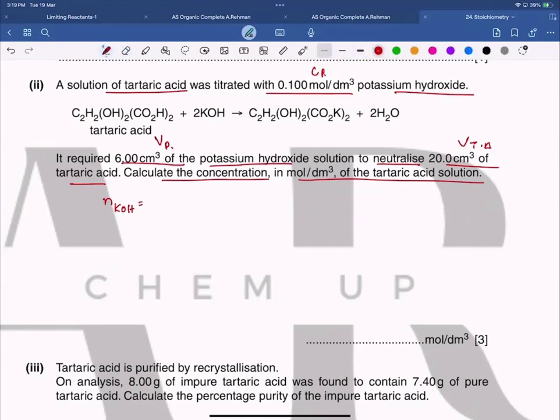So the concentration of potassium hydroxide is 0.100 and the volume is 6.00. Volume we have to convert into decimeter cube always, so I divide it by 1000. Can anyone tell me the answer? I think it is going to be 6 exponent minus 4, if I'm not wrong.